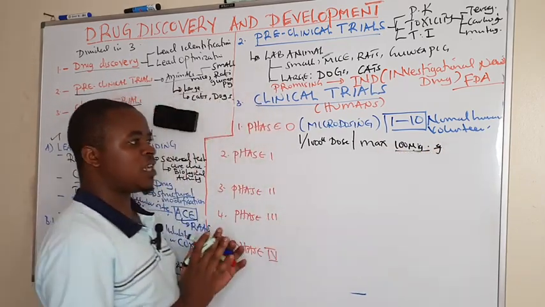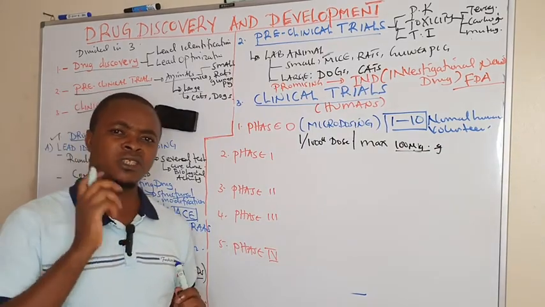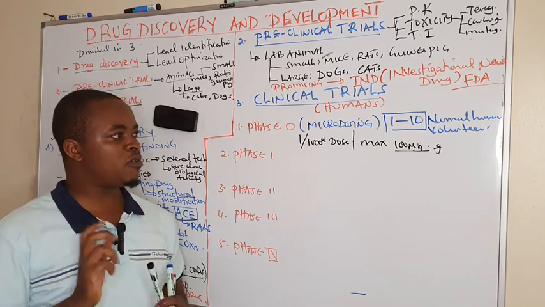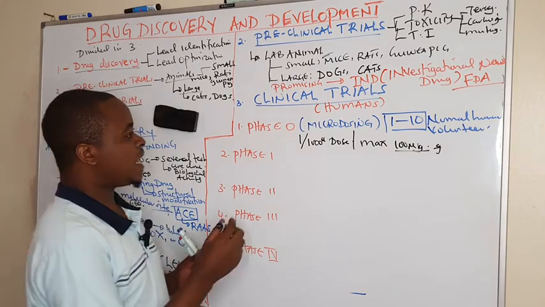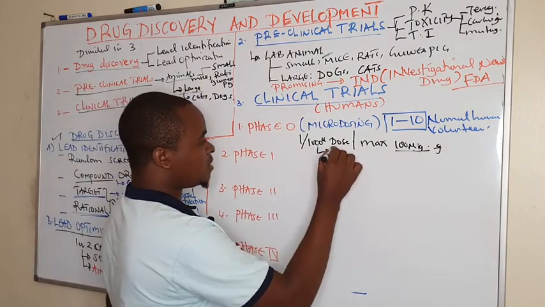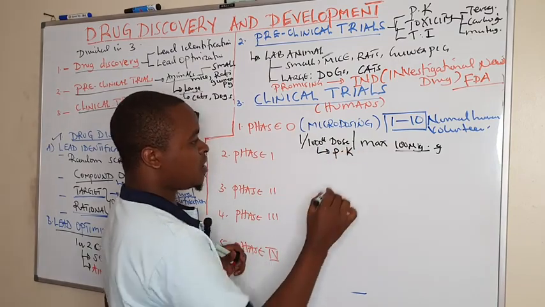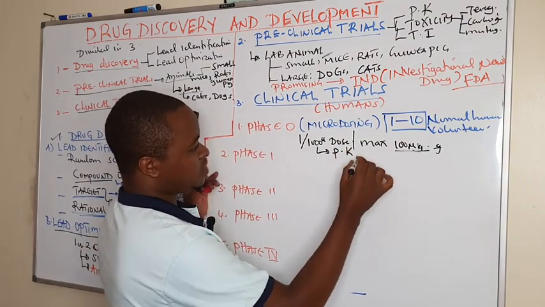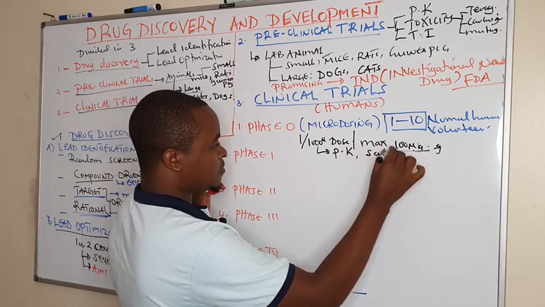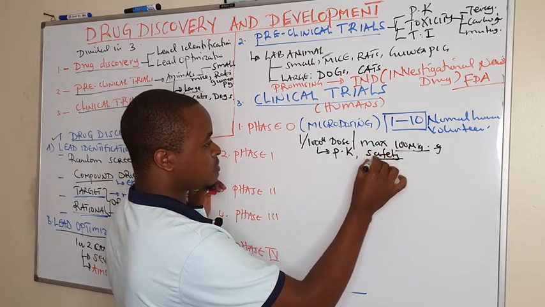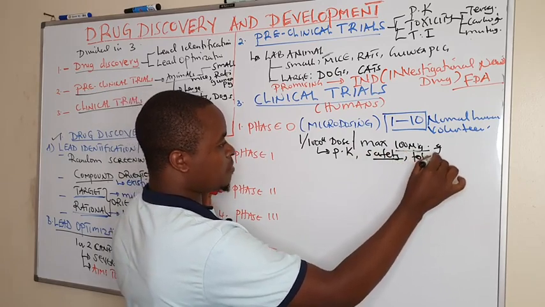So here we are trying to give the smallest dosage to these normal human beings so that we can study further the pharmacokinetics of the drug. We can look at the drug safety and sometimes the tolerability.